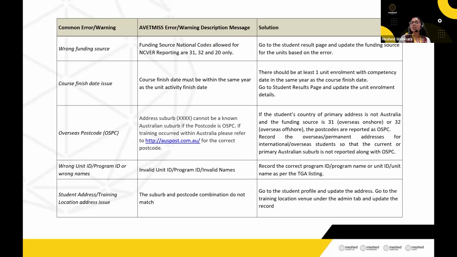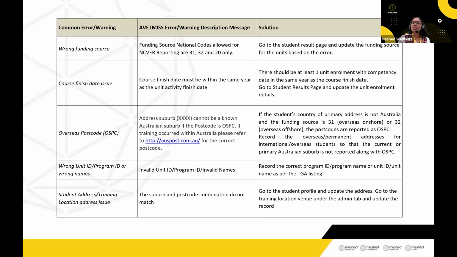This means that your NAT 120 contains funding sources other than 31, 32, and 20. So when you're submitting your NCVR data collection, make sure you only have the fee-for-service data in your files. To check this, you can open your NAT 120 file and cross-check the funding source national, which should be 31, 32, and 20 only. To fix this data, you can go to the student results page and update the funding source for the unit.